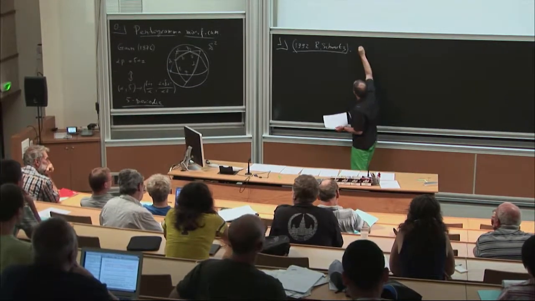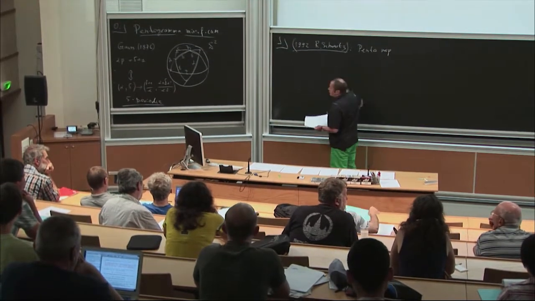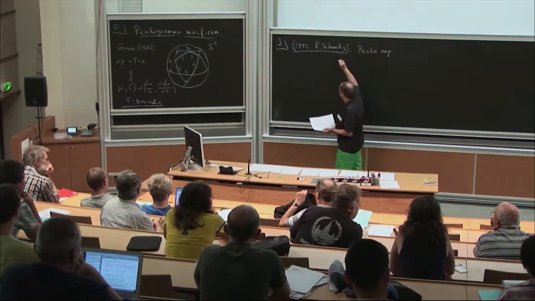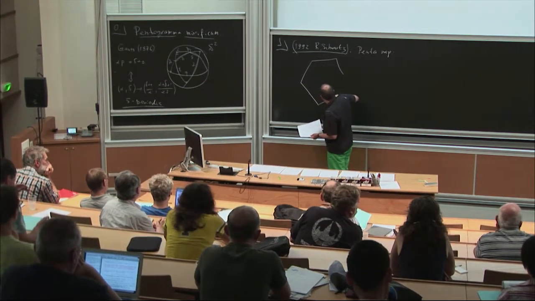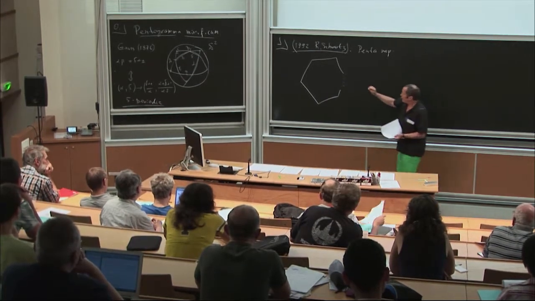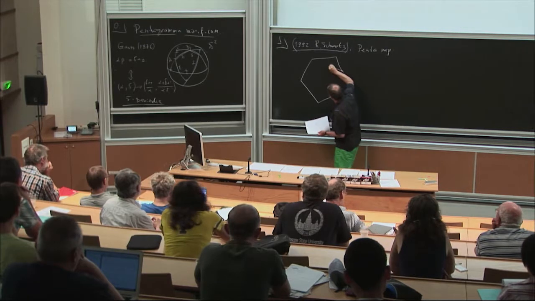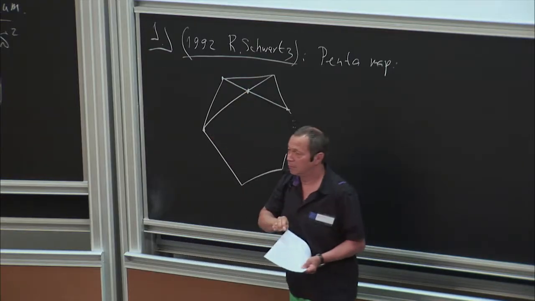So the pentagram map is the following map. Let us consider a convex n-gon in the plane. Then we take the shortest diagonals and we cross them.